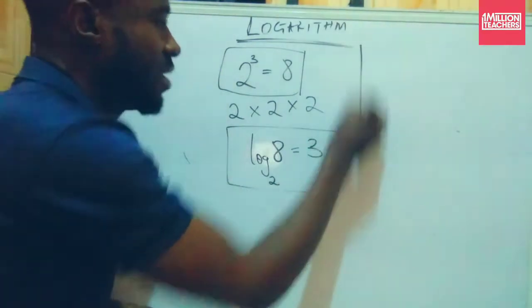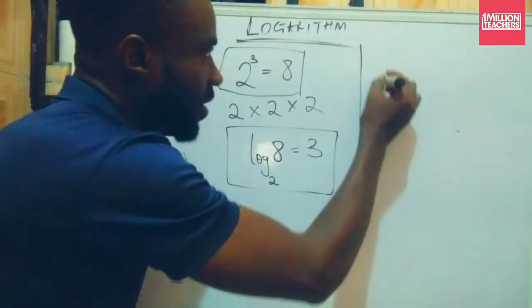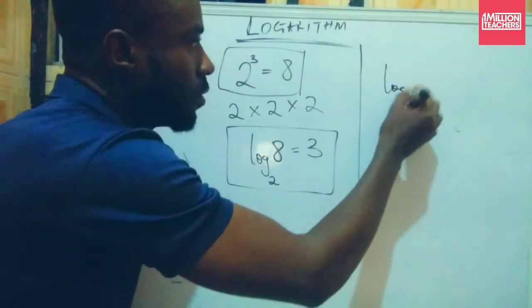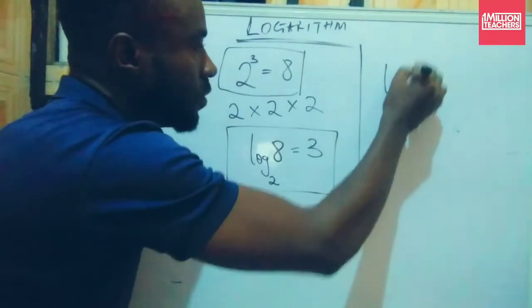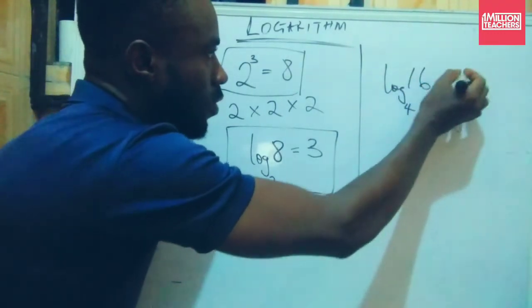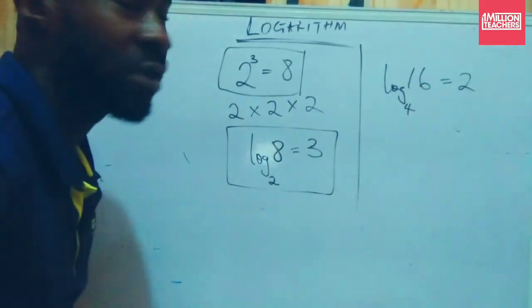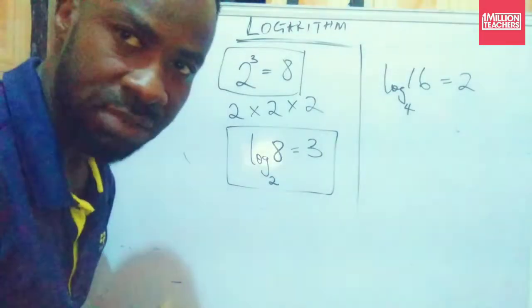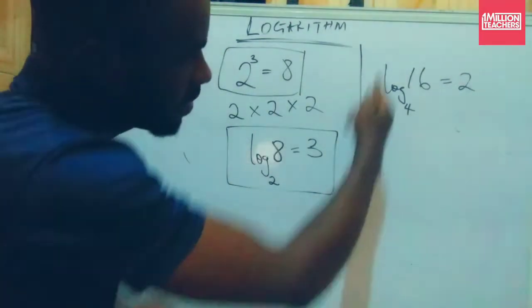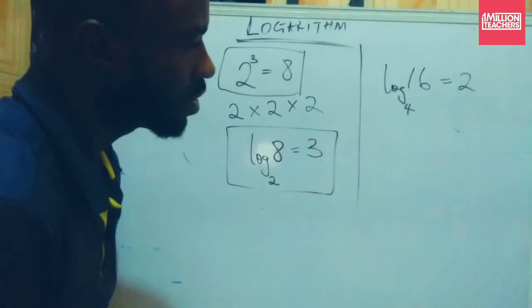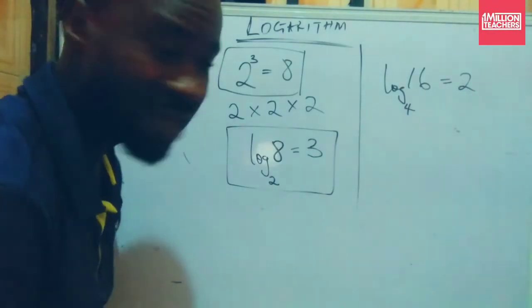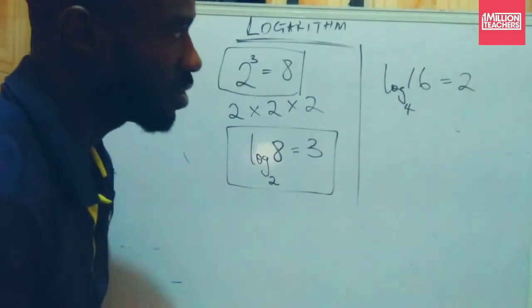Now let me give another illustration. If I write log base 4 of 16 equal to 2, by understanding the concept of logarithm, I'll be able to understand what this expression is saying.